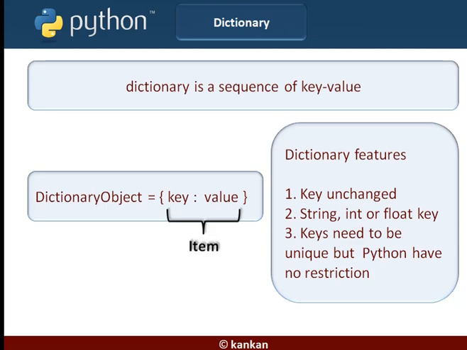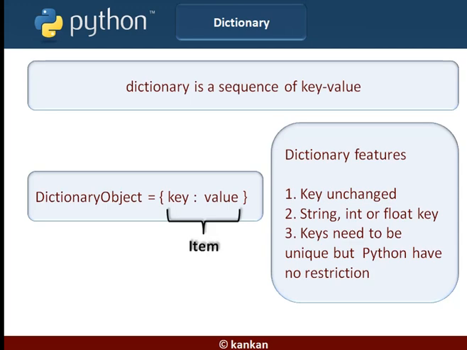Next, values can be anything. For example, list, string, integer, and so on. Next, values can be repeated. Values can be changed within the dictionary.